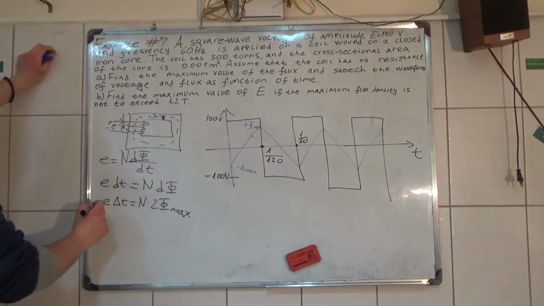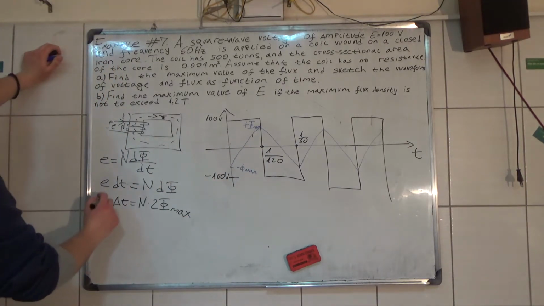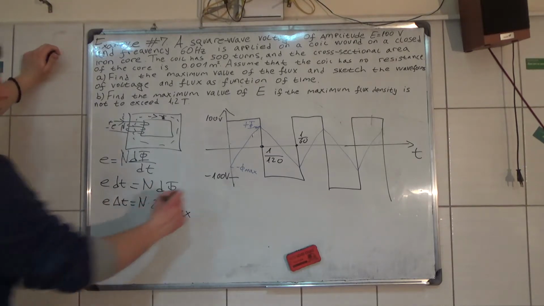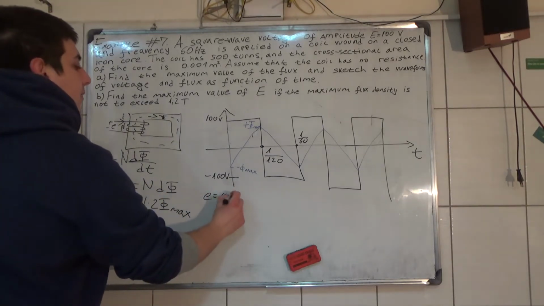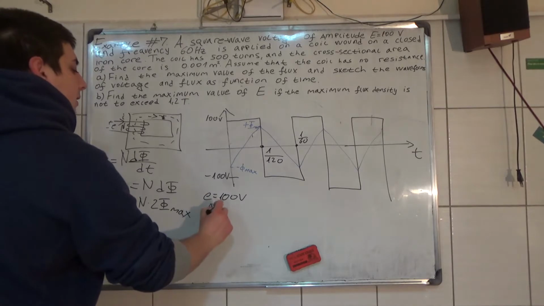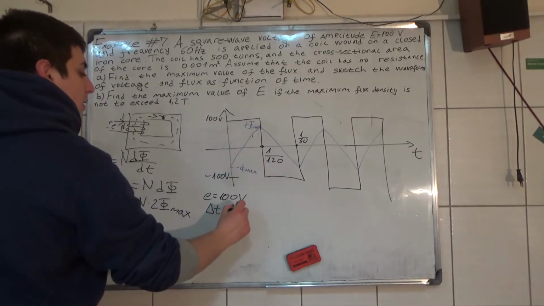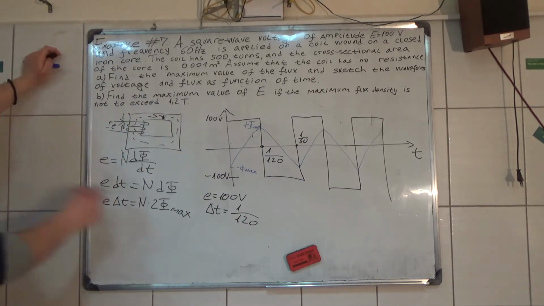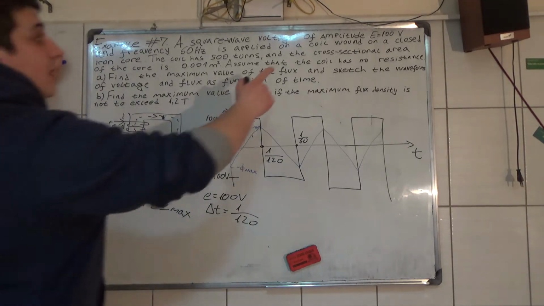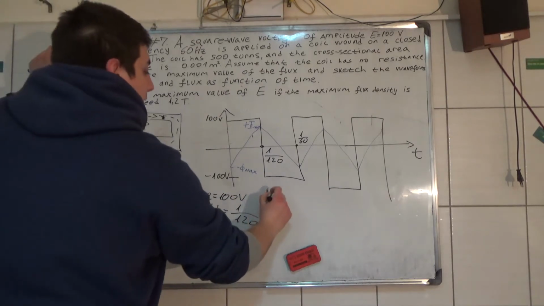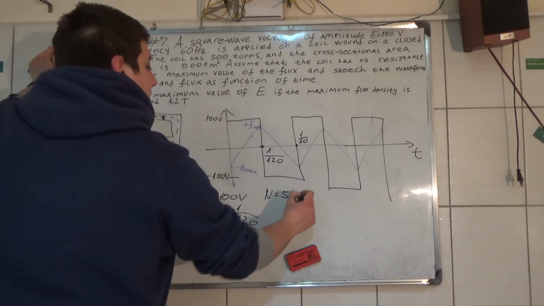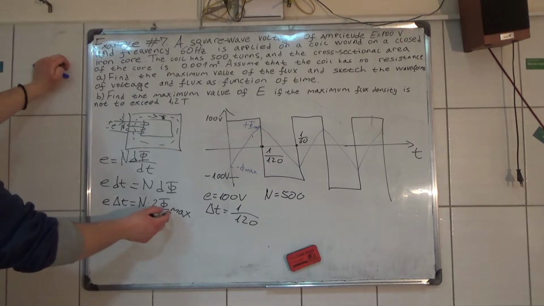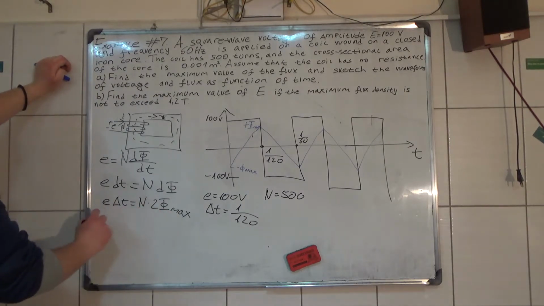So we're going to say that E is equal to 100 volts, delta T is equal to 1 divided by 120, and N is equal to 500 turns, and we only have to calculate flux maximum.